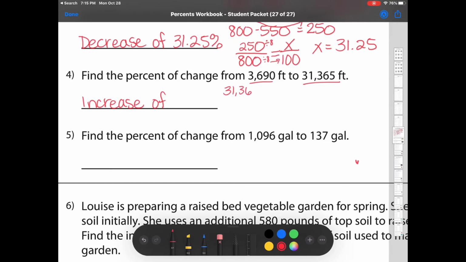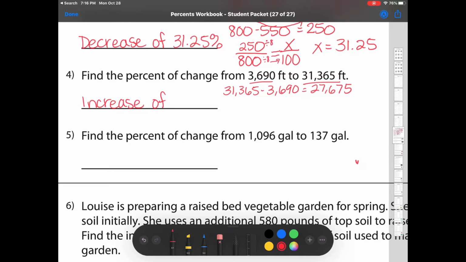Increase of what though? So step 1 or 2, find the difference. So I'm going to take 31,365 and I'm going to subtract 3,690. All right, that equals 27,675.